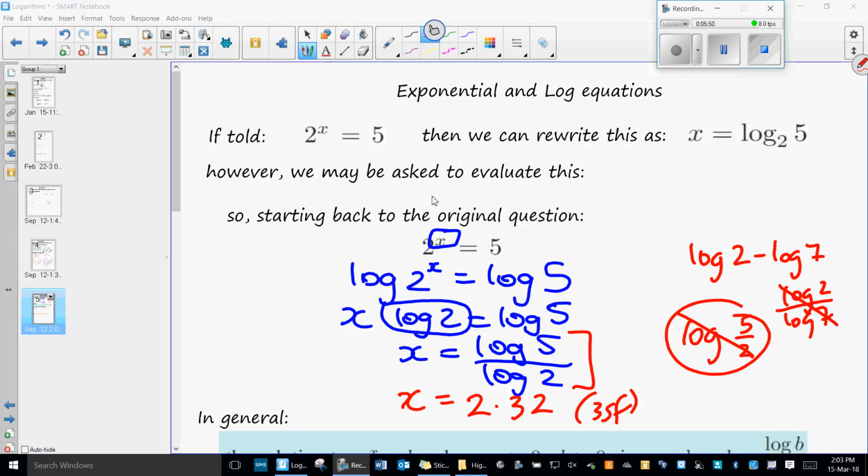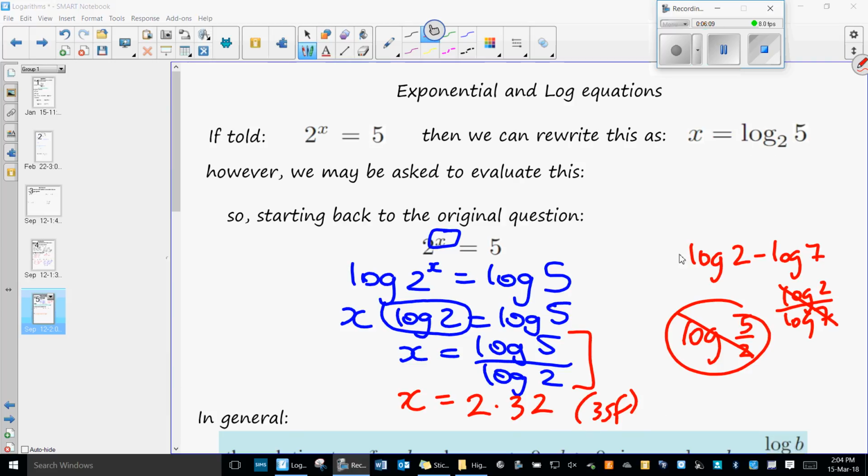Now, however, it's sometimes easier to work with log base 10 than trying to work with log base 2. If you calculated this with log base 2 of 5, it would give you 2.32.